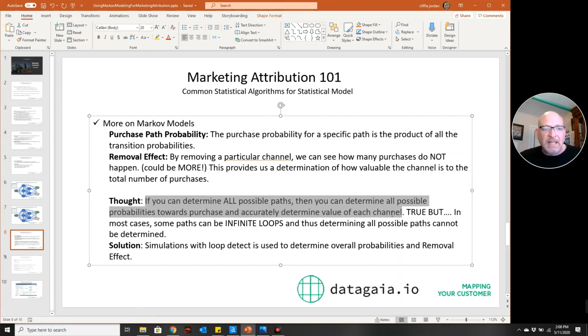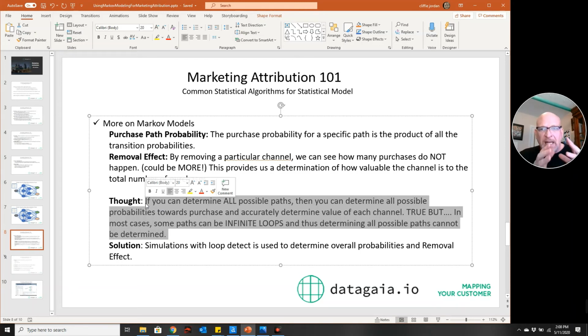But like I said, in most cases, some paths can be infinite loops, and thus determining all possible paths cannot be done. Because of this problem, the only way that you can accurately do your determinations is through simulations.